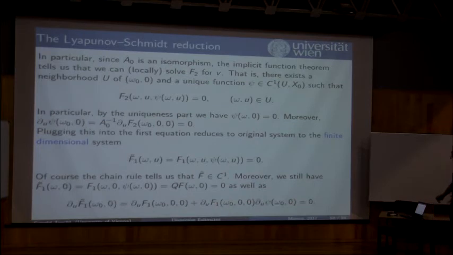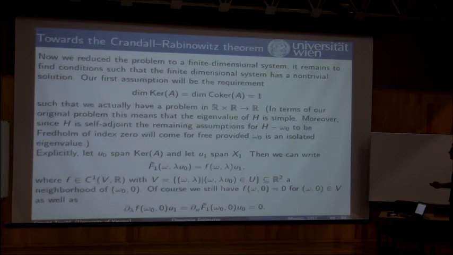So it preserves these features. Of course, the whole procedure preserves the trivial solution. So this F tilde, this one finite dimensional thing now still has the trivial solution and it still satisfies this bifurcation condition. Okay, that something interesting is going on here, that this derivative vanishes.